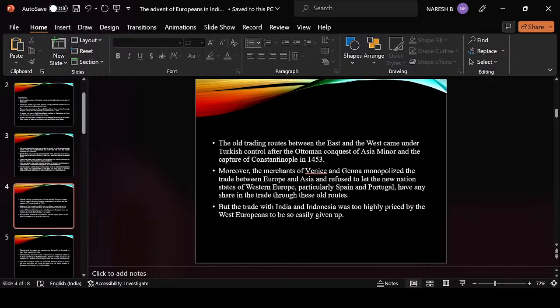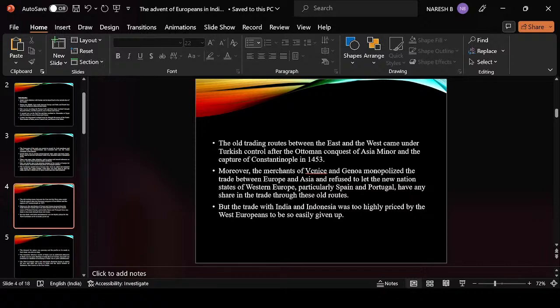They controlled the trade between Europe and India, and moreover, the merchants of Venice and Genoa monopolized the trade between Europe and Asia. On the European side, it was dominated by the Italians, and they refused to let the new emerging city-states of Western Europe, particularly Spain and Portugal, have any share in the trade through these old routes.